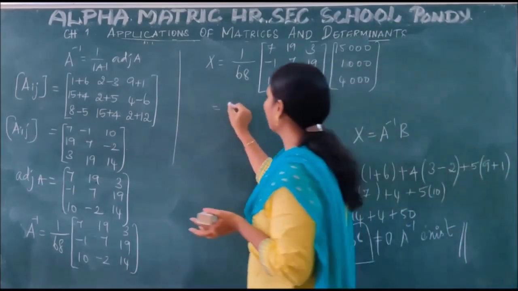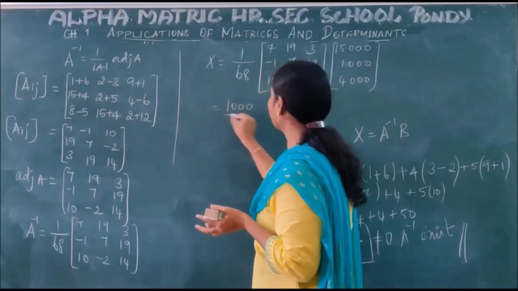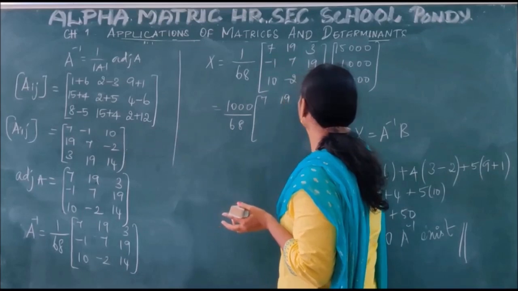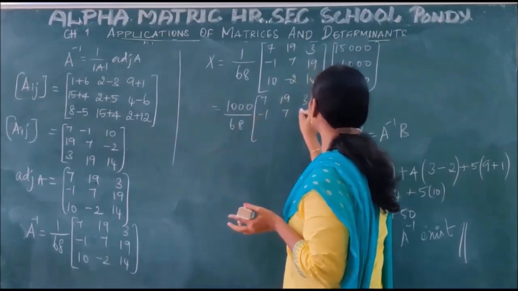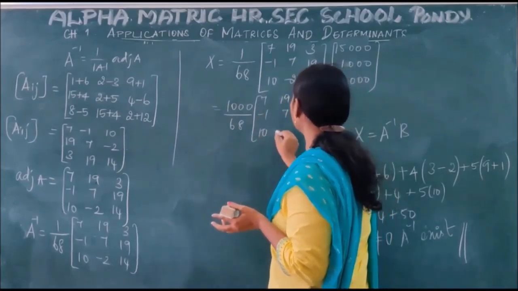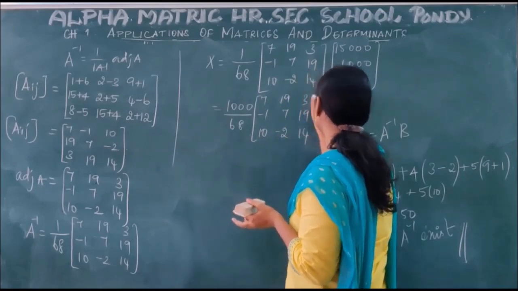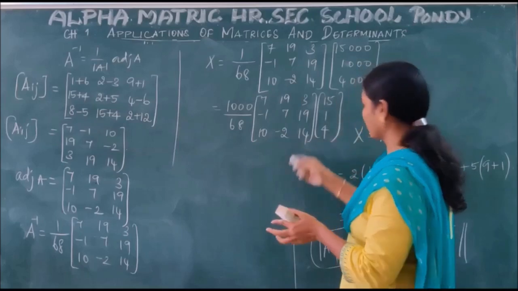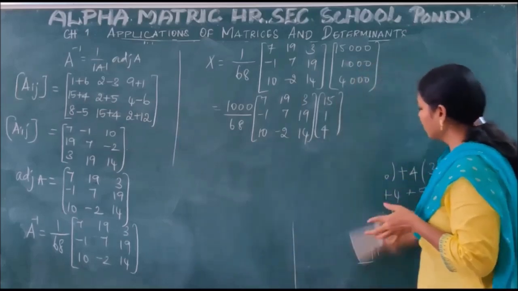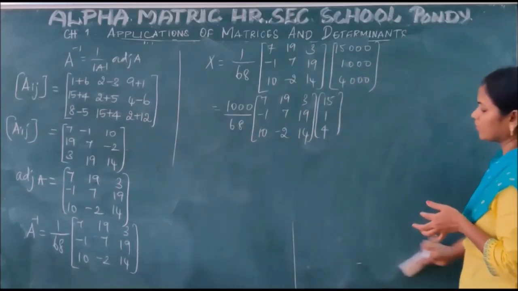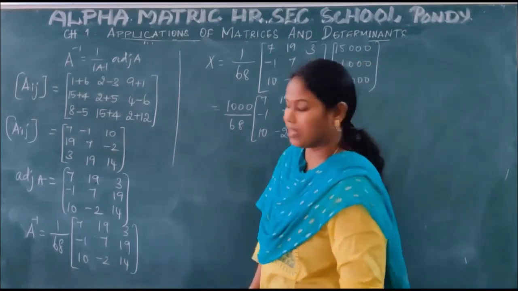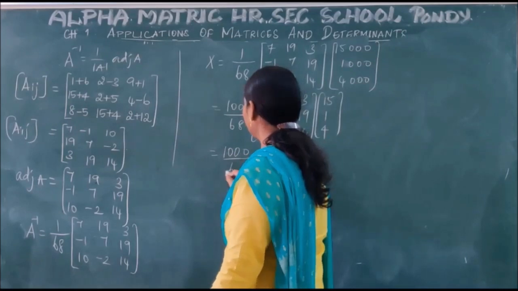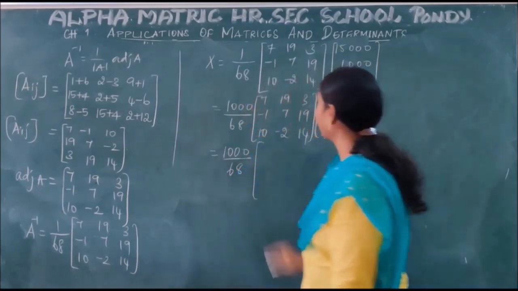Okay, so we'll be getting what? 1,000 divided by 68 into 7, 19, 3 minus 1, 7, 19, 10 minus 2, 14 into 15, 1, 4. So finally, using matrix multiplication, we can find the X value. So this is 1,000, don't cancel it, let it be there.